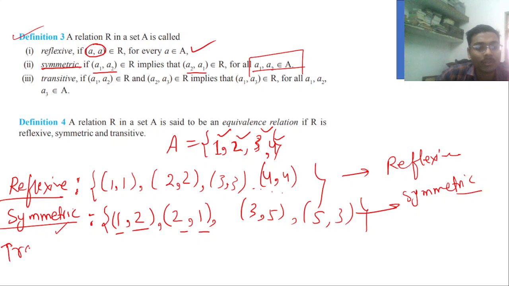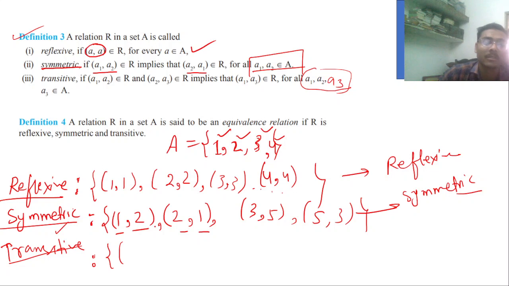Now we will have to study transitive. Transitive deals with 3 elements in the set, a1, a2 and a3. Suppose a b is there, then you will have b c here, then c a here.